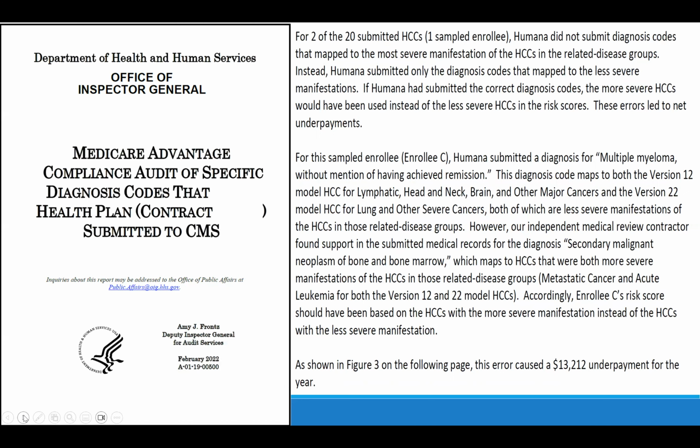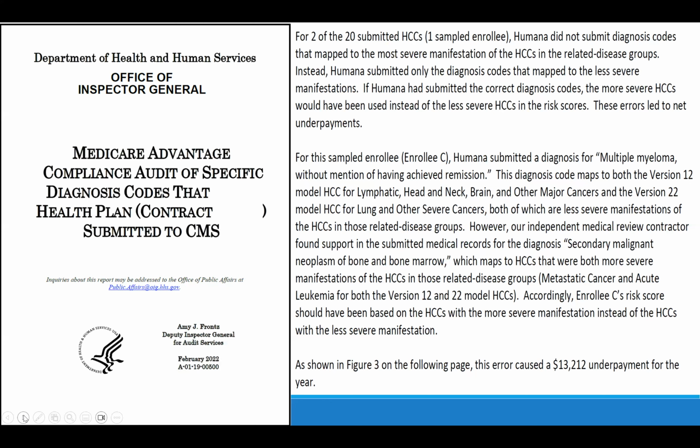If you work in a store and an item costs $50 and you are ringing it up wrong, and every customer that comes in and buys that item, you're only charging them $25 instead of $50, your employer's not going to be too happy with you, right? You are costing them money. Well, as an HCC coder, that's exactly what happens if you undercode.